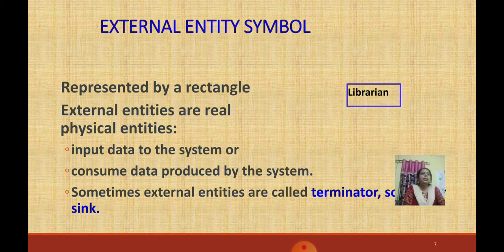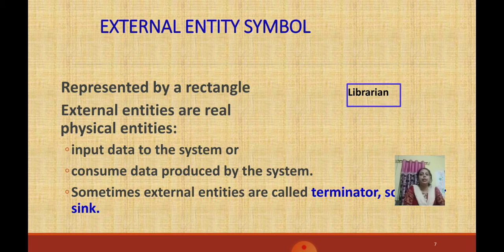The rectangle represents the external entity. The external entity symbol is represented by a rectangle. External entities are real physical entities that input data to the system or consume data produced by the system.